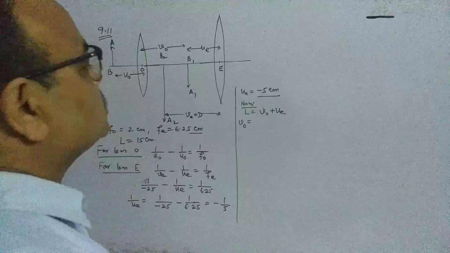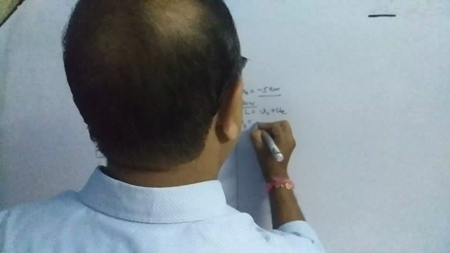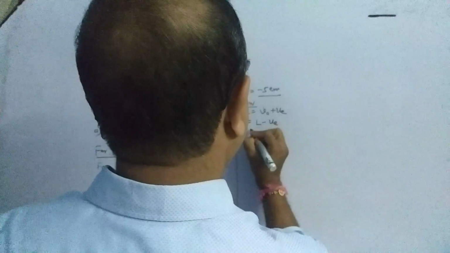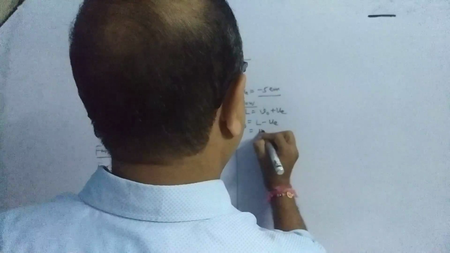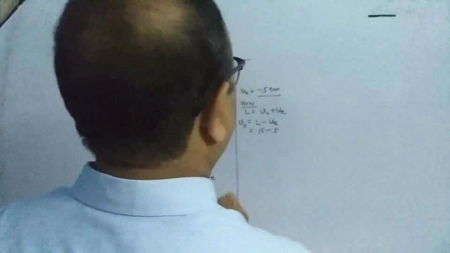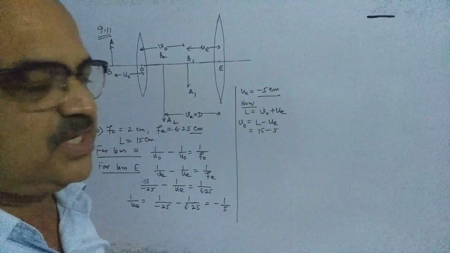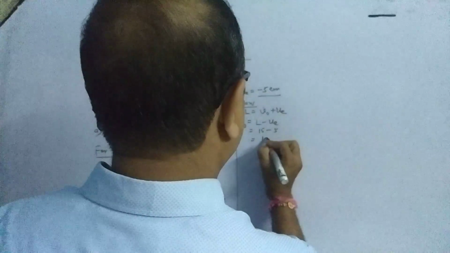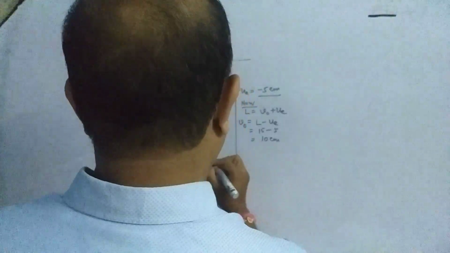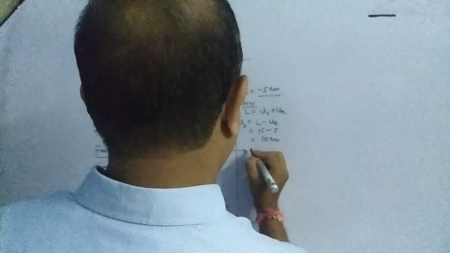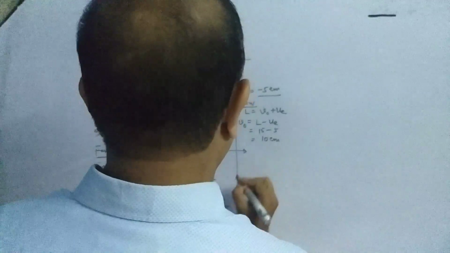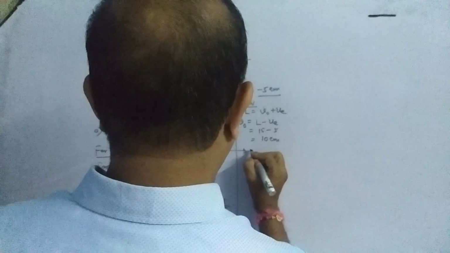So VO is equal to L minus UE, that is 15 minus 5, which is 10 centimeter.